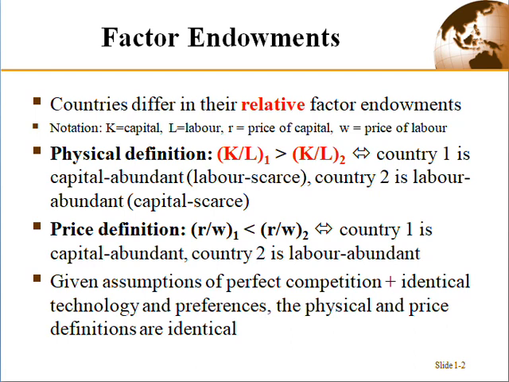Please don't mix up the sign of greater than for the physical and less than for the price definition. Given the assumption of perfect competition and identical technology and preferences, the physical and the price definitions are often identical. So if you use any of the approaches, you'll get the same results.